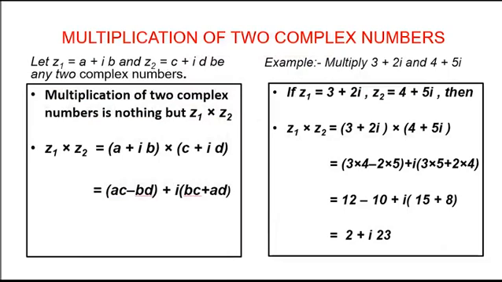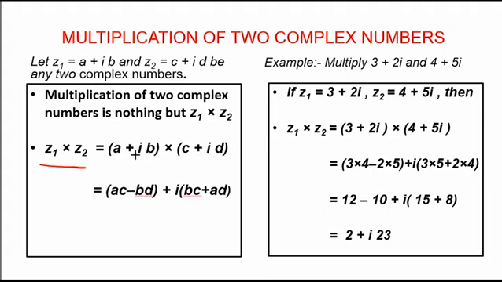The next slide, multiplication of two complex numbers. Let us consider z1 and z2 to be any two complex numbers, a plus ib and c plus id. Then multiplying two complex numbers, z1 into z2, gives multiplying a plus ib and c plus id.